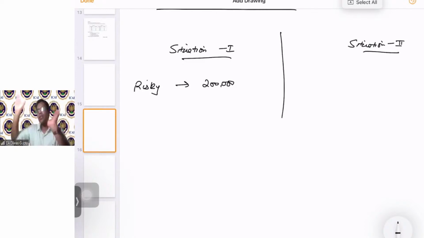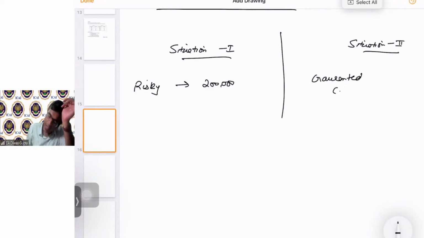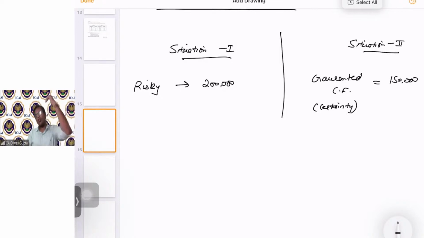For the same project, I'm taking a situation two where the information given to you is that the guaranteed cash flow will be 1,50,000. So the guaranteed cash flow for this project, sorry, this is the certain cash flow. Again, let's link it back to the first part of my discussion.